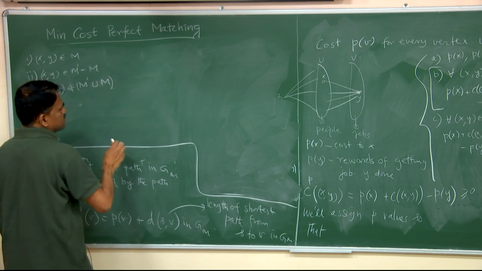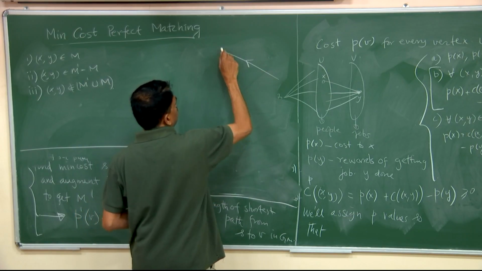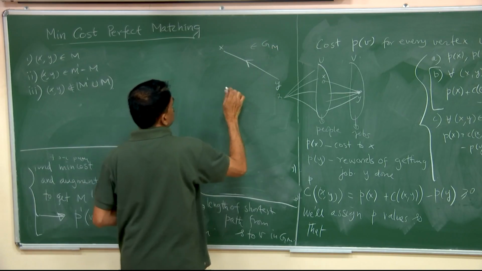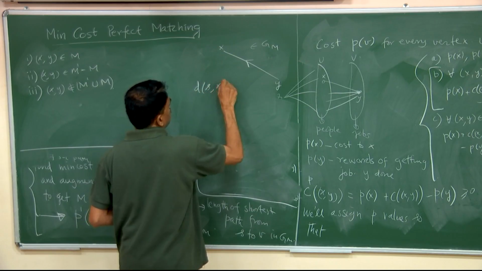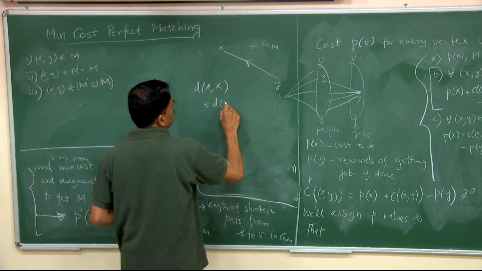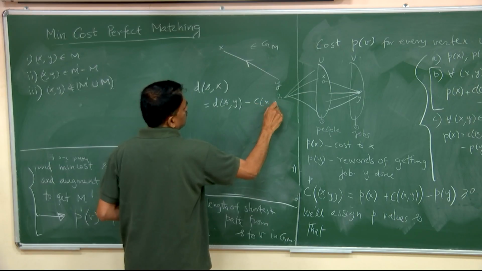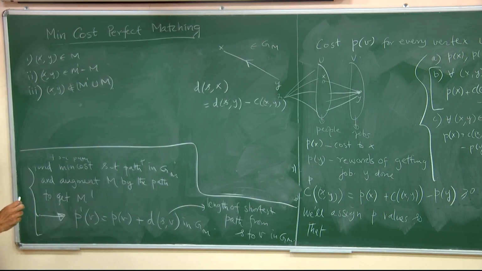If xy is in M, then I have this edge in GM. So what I know is that the length of the shortest path from S to X is length of the shortest path from S to Y minus C of xy. Now, should I do C of xy or C of reduced xy is another point.